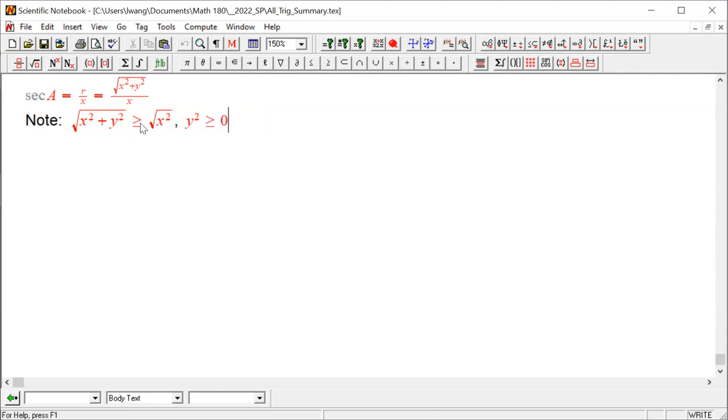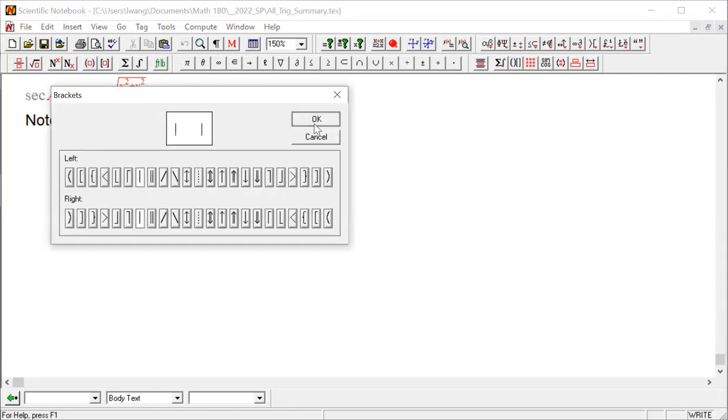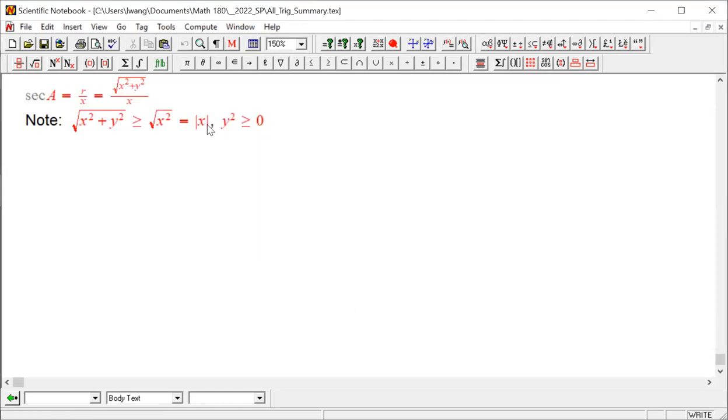I replace y squared by the smallest number possible, so this is true. And the latter, the square root of x squared, equals the absolute value of x. We all know that, right?